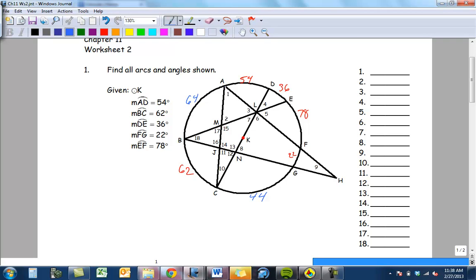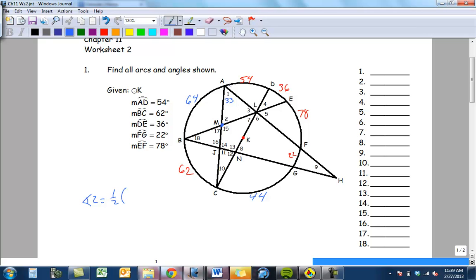It's an inscribed angle. 1 intercepts 44 and 22. The angle is 1/2 the arc, so that means 1 is 33. Angle 2. For 2, the vertex is inside, so that means angle 2 is 1/2 the sum of the arcs.